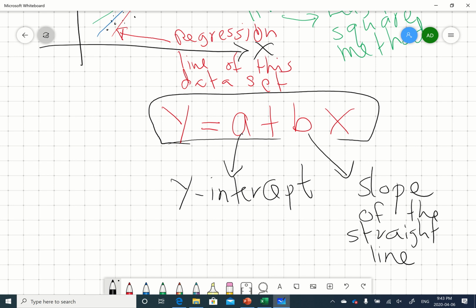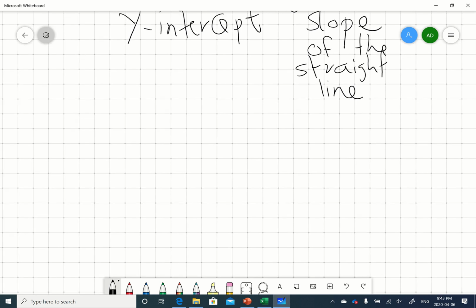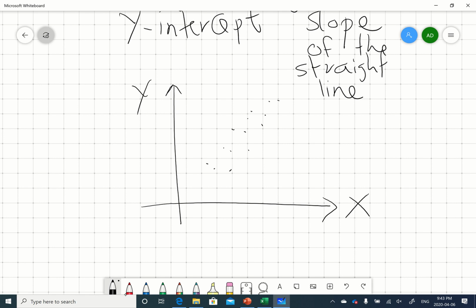So whichever value comes attached to the variable x, that is the slope, and whichever comes as a constant, that is the y-intercept. If I draw again, you have x versus y and your actual data, and let's say this is the regression line.